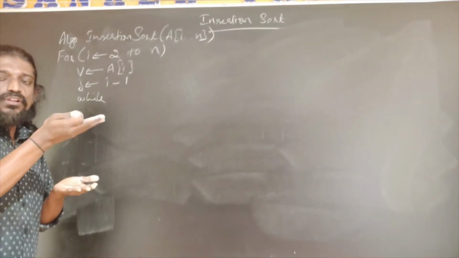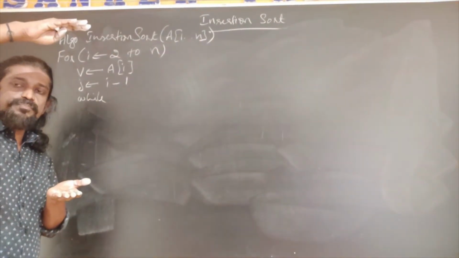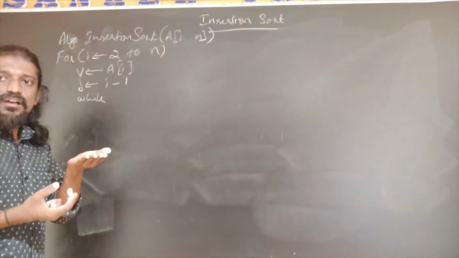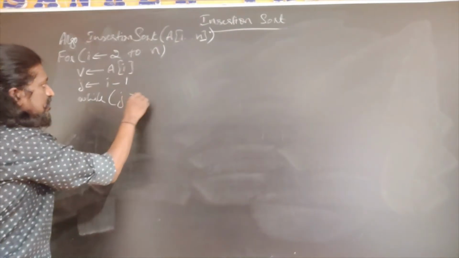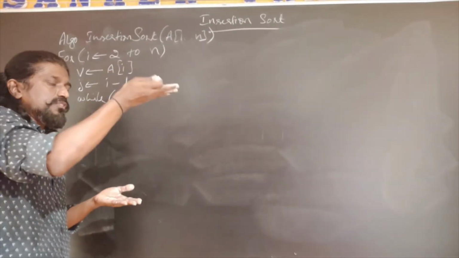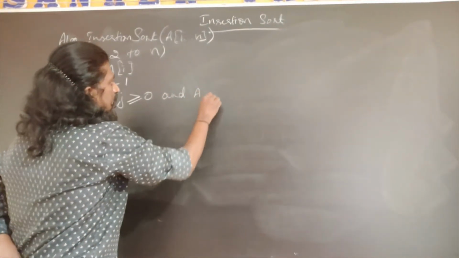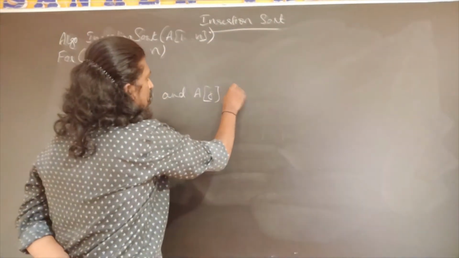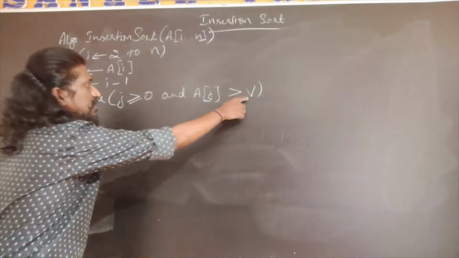How long do we keep doing this? Until either we come to the top of the list, or an element happens to be not greater than the element that we need to insert. So while j is greater than or equal to 0, that is, as long as we have not come to the first position, we will keep continuing, and a of j is greater than v, the element that is to be inserted.